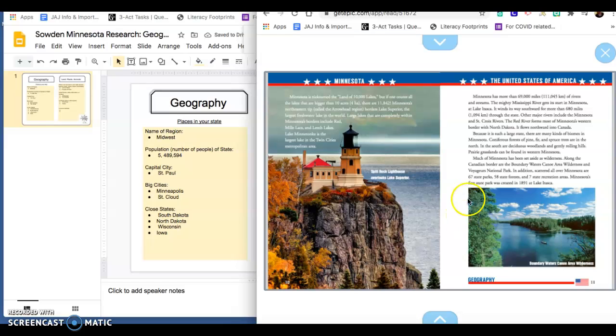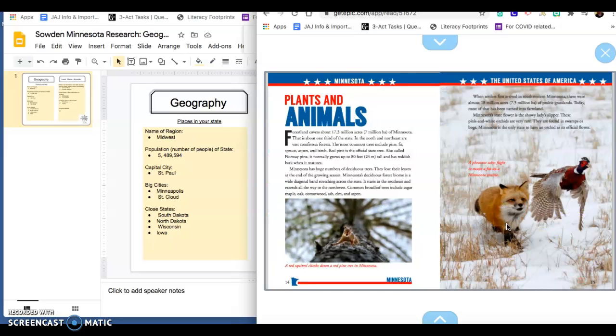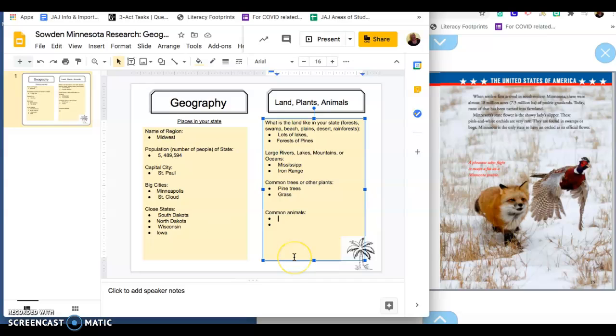Common animals that we might see here. So here we go, plants and animals. Just looking at the picture, we have a pheasant and a fox and a red squirrel. So I'm just going to put a couple of them.